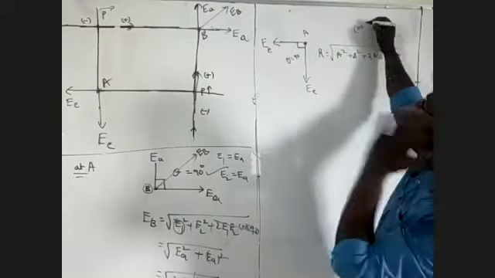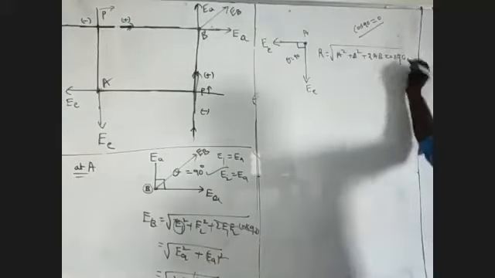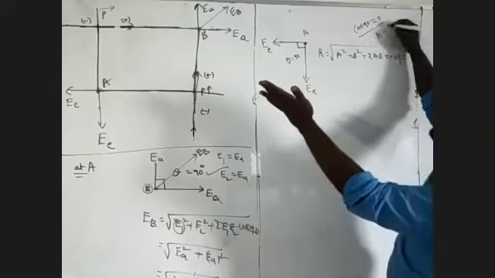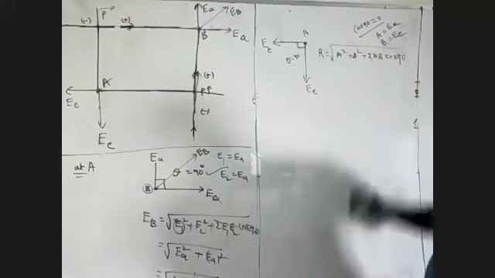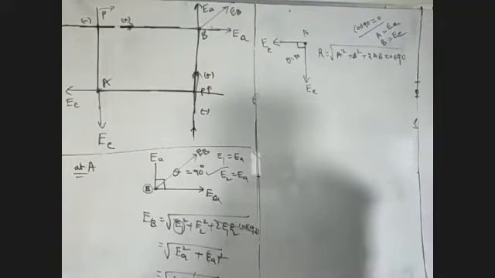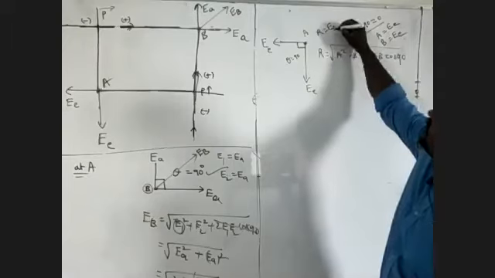Cos 90 is equal to 0 here. So A is equal to E, and B is equal to E. Now what is the resultant? Here I'm taking EA.